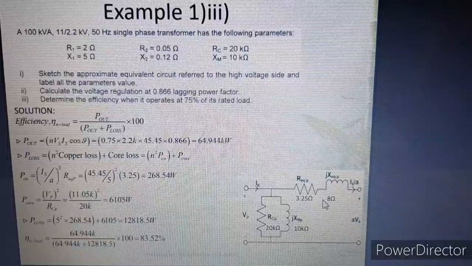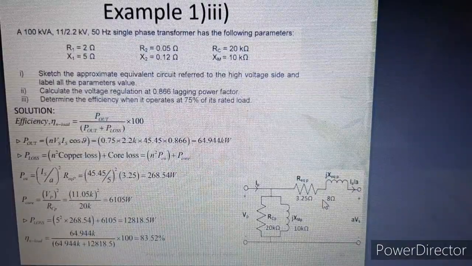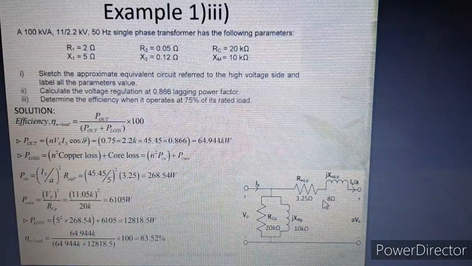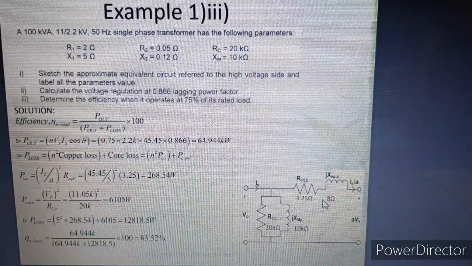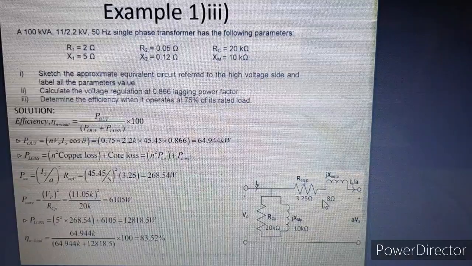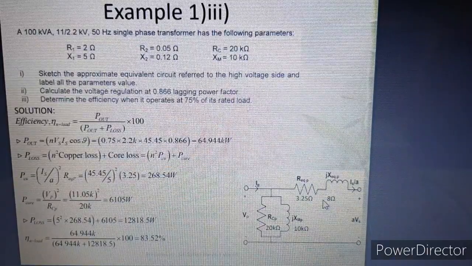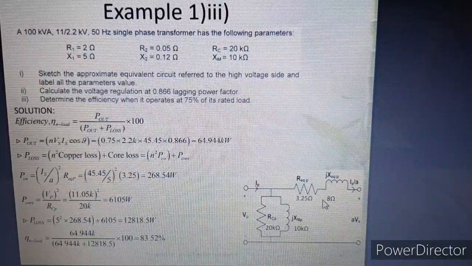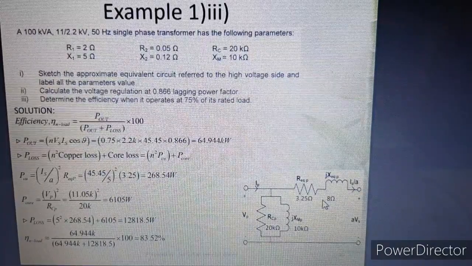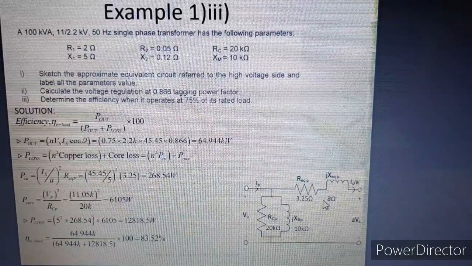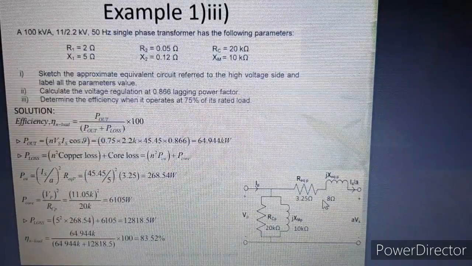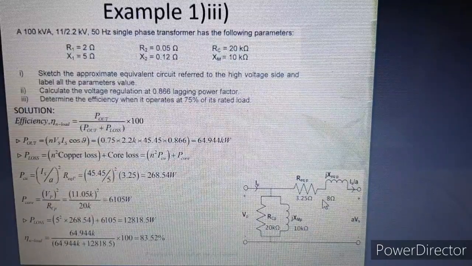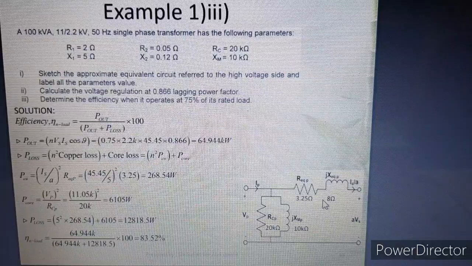So in the next video, I will show you the steps to calculate VR and efficiency as well, but if you are using reflector secondary, because the question may also ask you specifically by using reflector secondary to calculate VR and efficiency. So you need to know both methods.